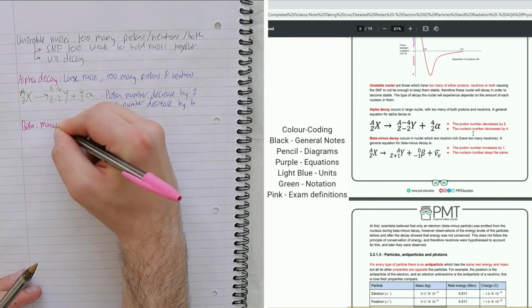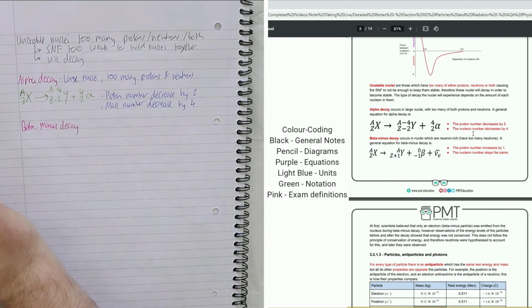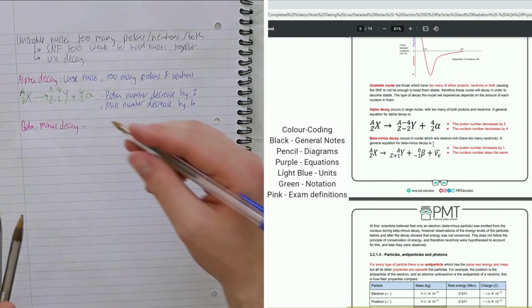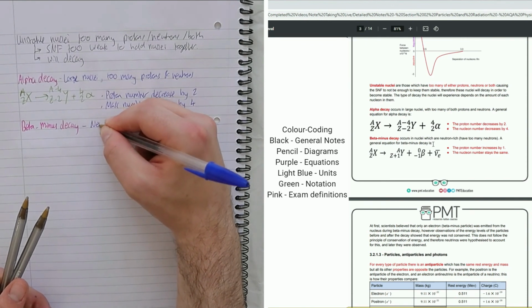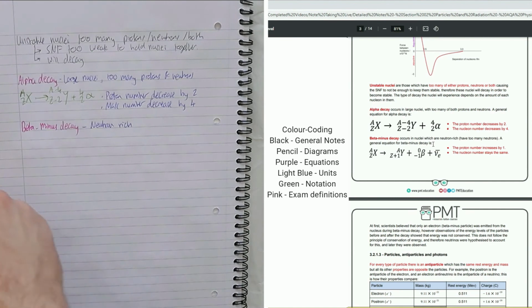And lastly but not least, we have beta minus decay. And if you look on the screen, there are a lot of words: nuclei which are neutron rich have too many neutrons, so all I need to write really is neutron rich. You don't need to write in full sentences, write in a way that makes sense to you, because you're the one that's going to be benefiting from these, by the way.